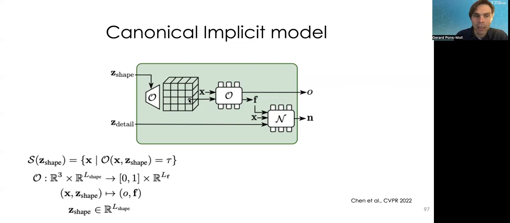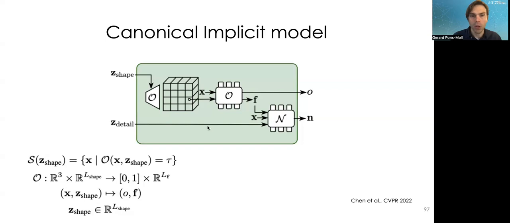Then for a given point, you do trilinear interpolation of these neural features that will be fed into this occupancy block that, together with the absolute position of the point, will decode into the occupancy in this unposed canonical space. In addition, based on the features and the absolute positions of the points in this canonical space, the normals are also predicted.